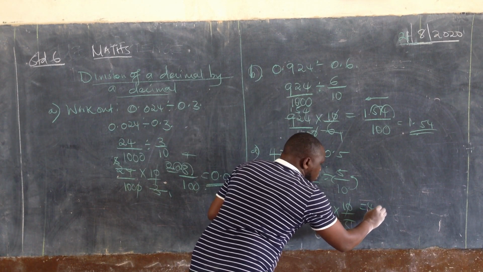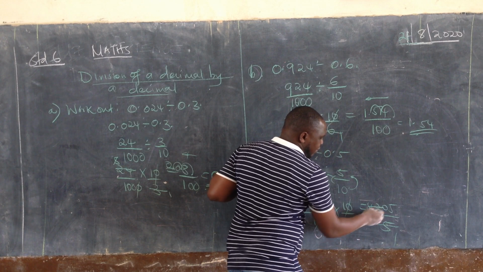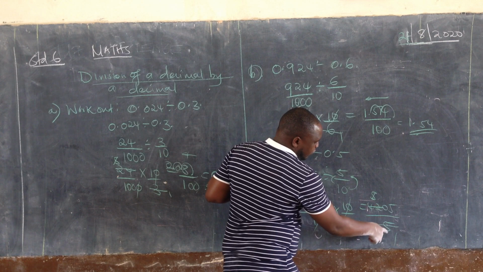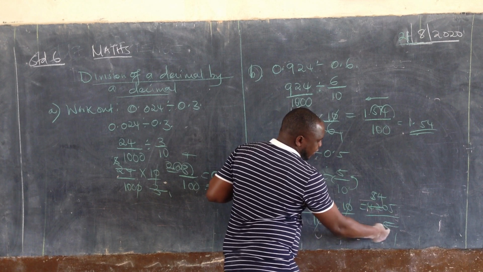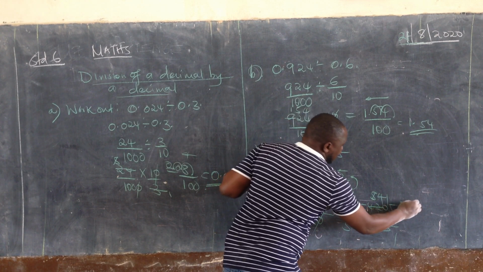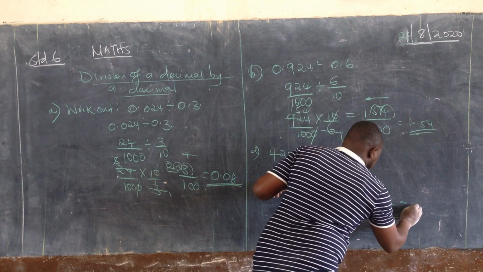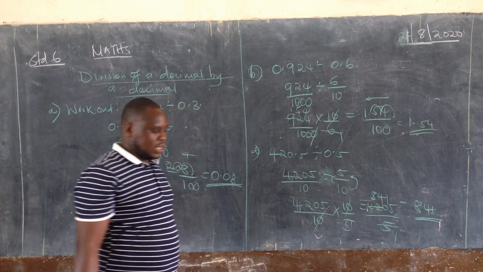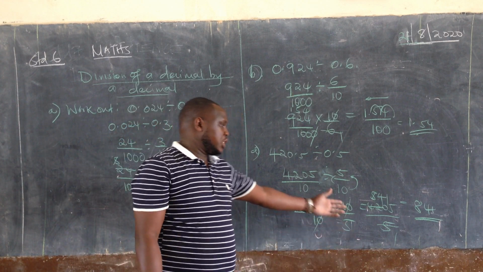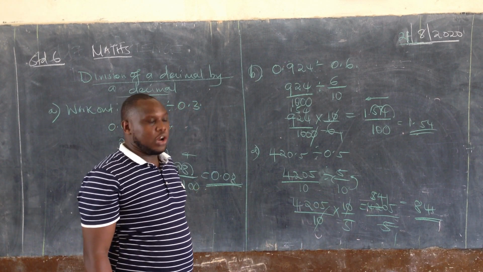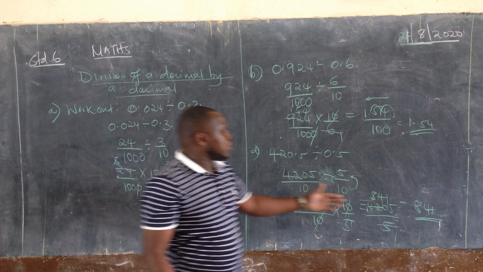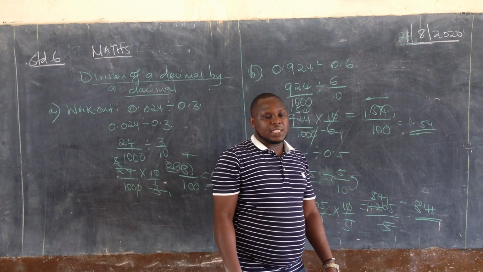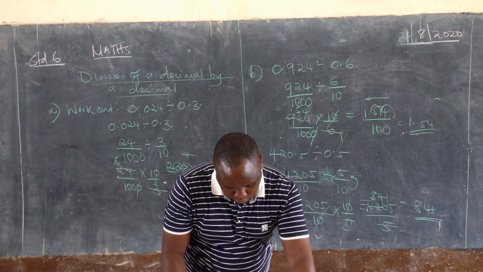Let's divide. 5 into 4 is 0, 5 into 42 is 8, 8 times 5 is 40, remaining 2, 5 gets into 20 four times, and 5 gets into 5 one time. So your answer comes to 841. In this case, you realize that we don't have a decimal point. Sometimes you can also get whole numbers. So we don't need to put decimals where we don't have a decimal. If it's a whole number, leave it as a whole number.